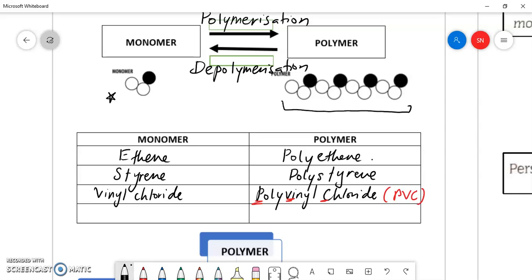The fourth example would be methyl methacrylate.